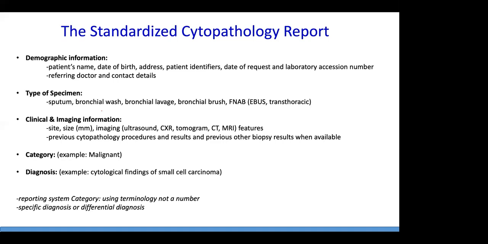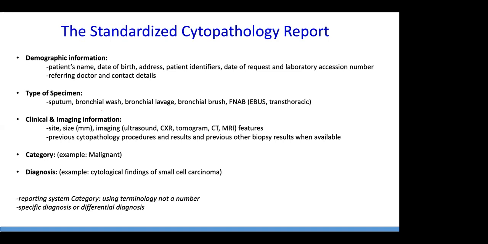The clinical and imaging information, the site, the size, which kind of imaging feature, if there is previous cytology or histology, the category, for example, malignant, and then the diagnosis, for example, cytological findings of small cell carcinoma.